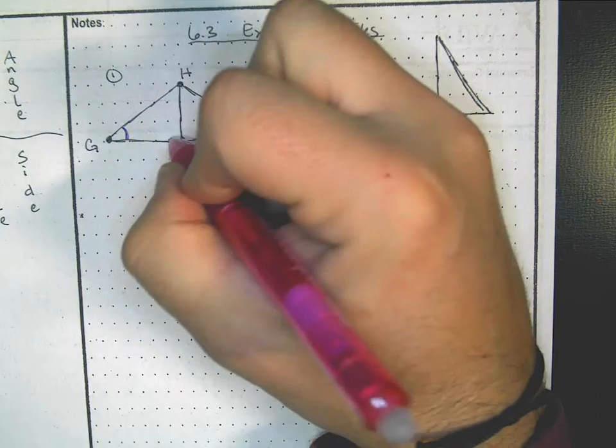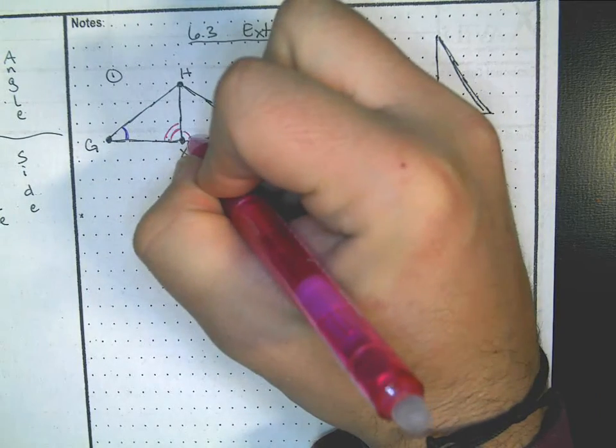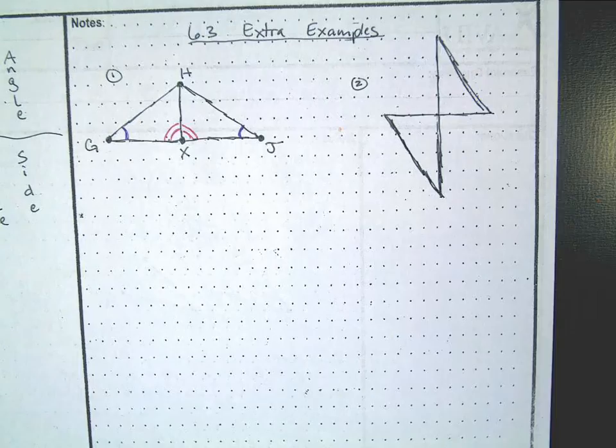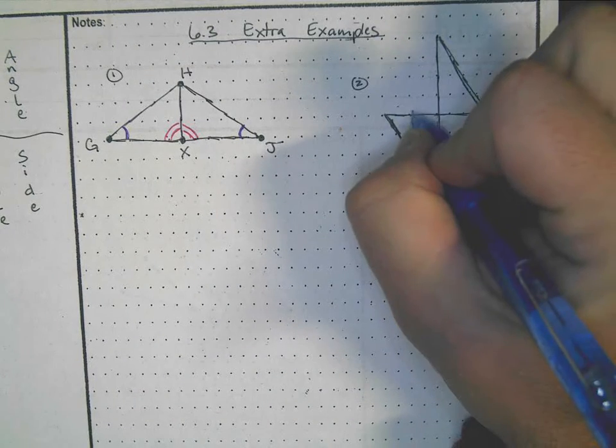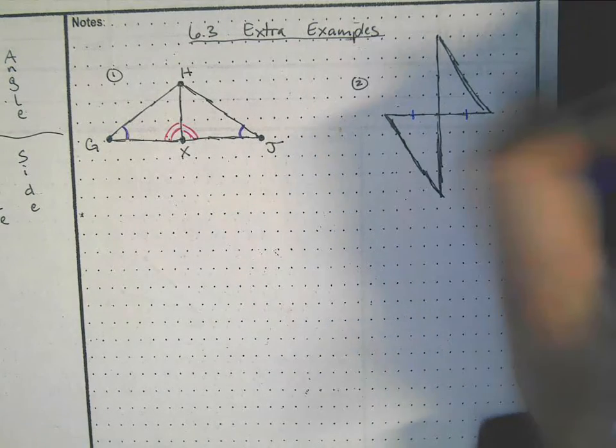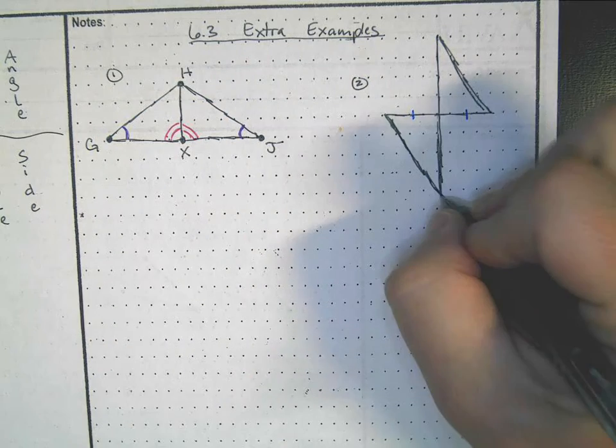And then we're told that angle there is congruent to that angle there. And then on this one, we will be given that the side is congruent to the side. Let's give it some letters.